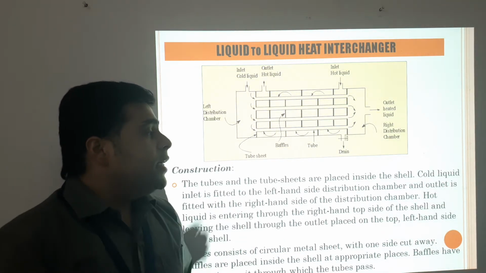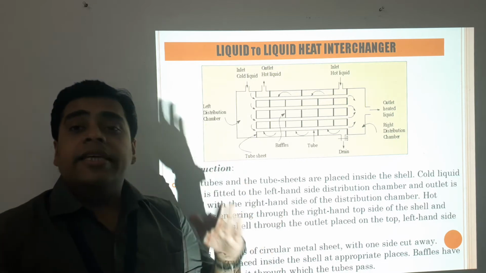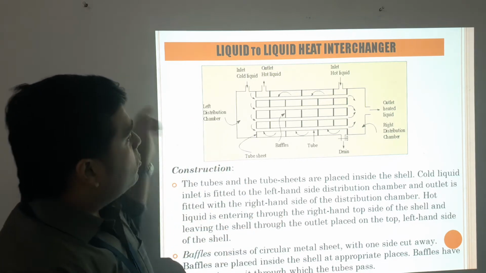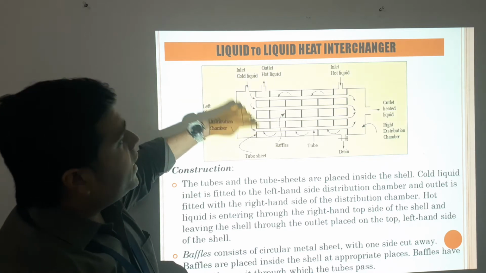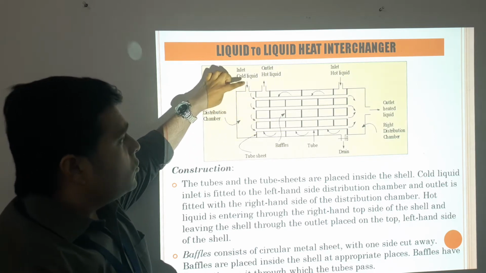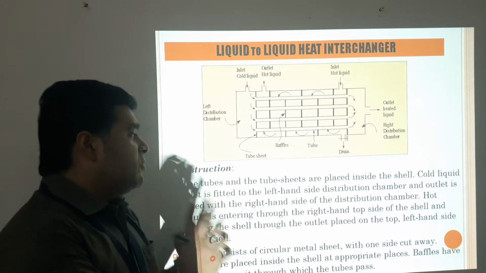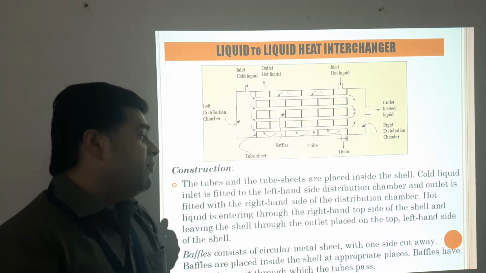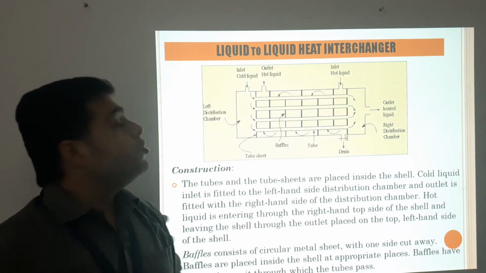Now the tubes and the tube sheets are placed inside the shell or the casing. These are the tube sheet and this is the cold liquid inlet. So the cold liquid inlet is fitted to the left hand side distribution chamber and the outlet is fitted with the right hand side of the distribution chamber.